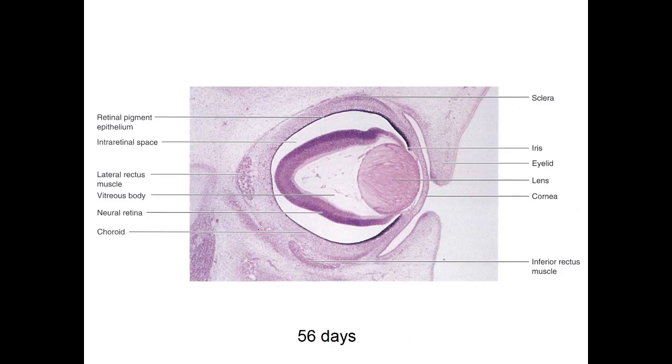So it's like that. This is a more differentiated eye. We can also see the muscles that are forming here, the inferior rectus muscle and lateral rectus muscle. We can see some of them on our specimen. The vitreous body is also forming on the inside. We have this inner layer, the outer layer, and the lens. And we can also see here that the lens is filled, so fibers are filling the lens.